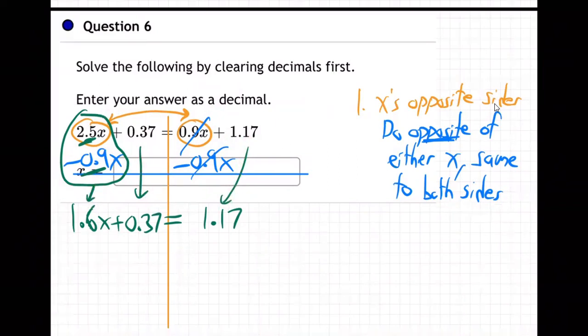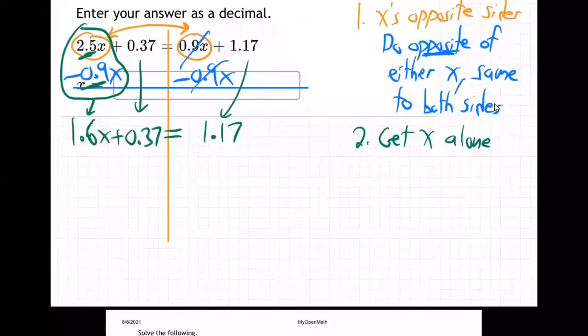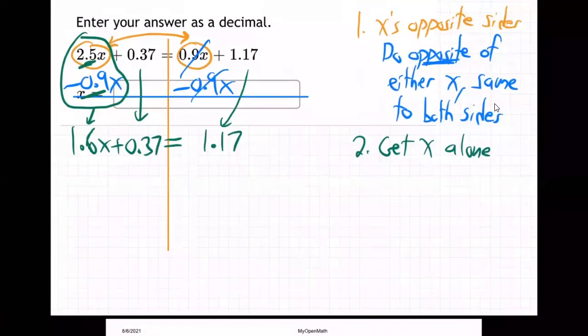And now, step two, to get x alone. You know what to do to get x alone, right? It's like peeling an onion, right? X is right here saying, I want to be alone. Get rid of this and get rid of that, right? We got to get x alone. That's the goal here, is to get him all by himself.